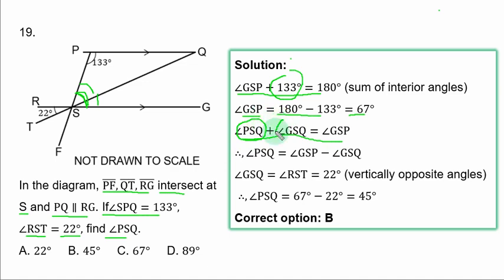So you transfer this to the right hand side and you have angle PSQ equal to angle GSP minus angle GSQ. Now angle GSQ is equal to ROST equal to 22. That is vertically opposite angles.